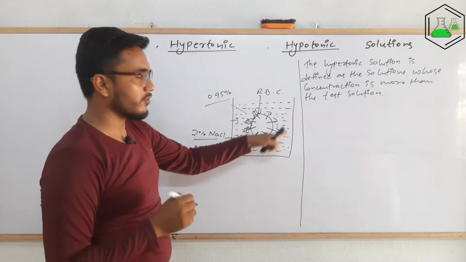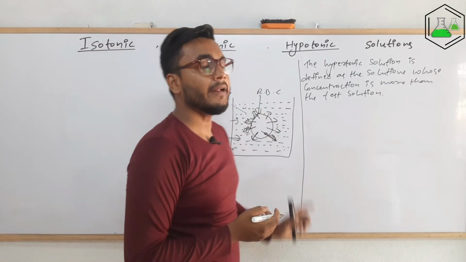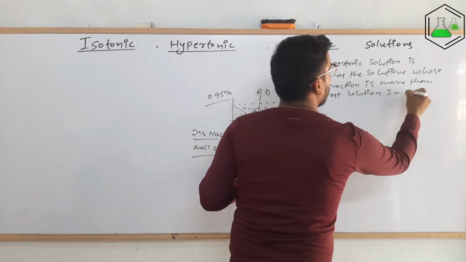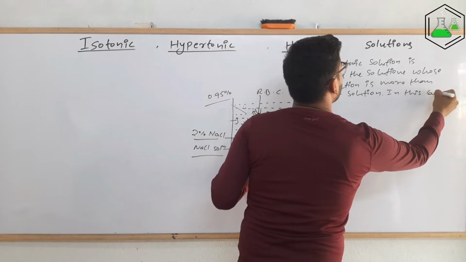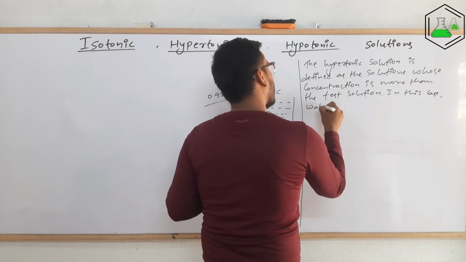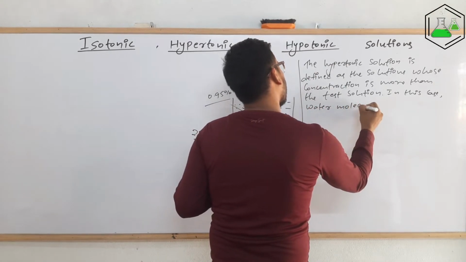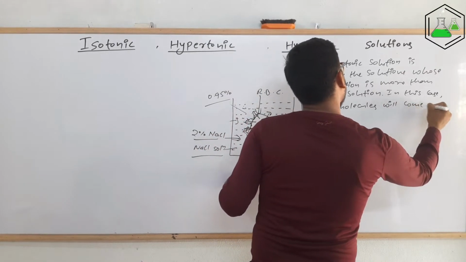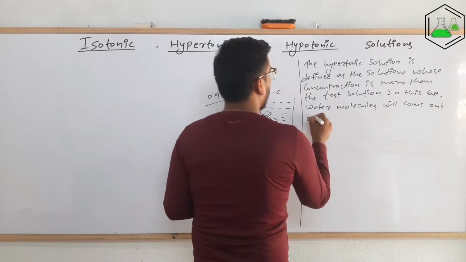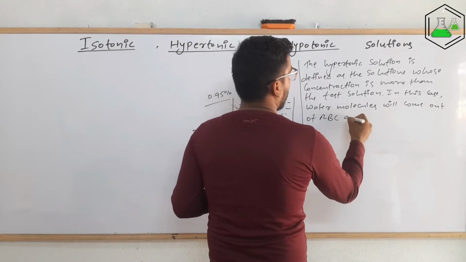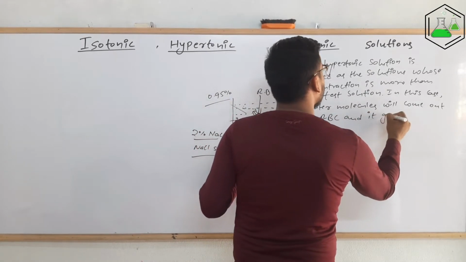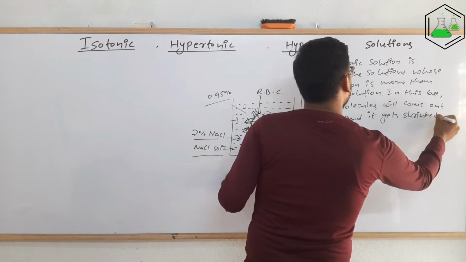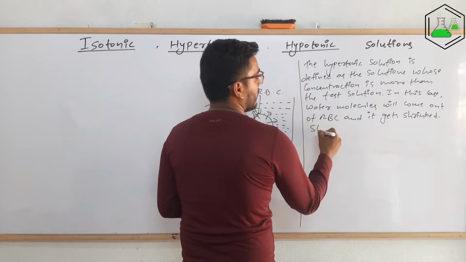So the concentration of this solution will obviously be more than the test solution. And in this case, water molecules will come out of RBC and it gets shrunk. This is also called shrinkage.